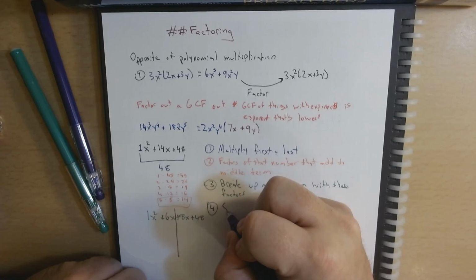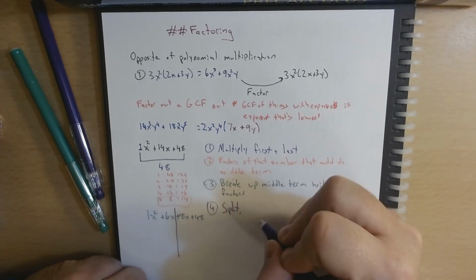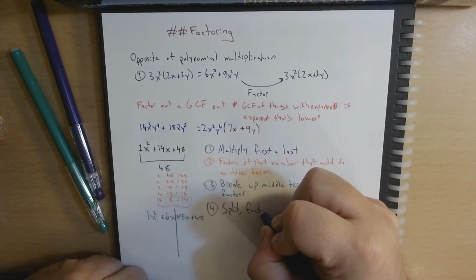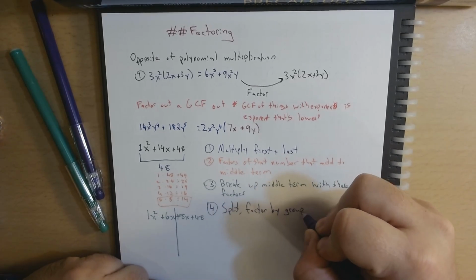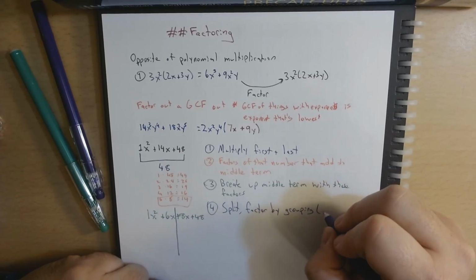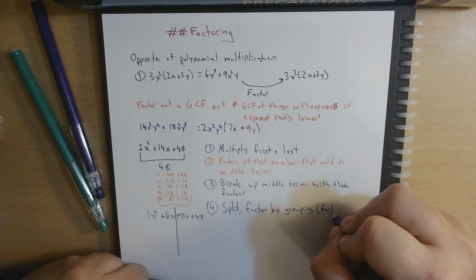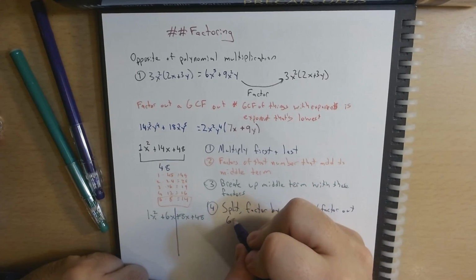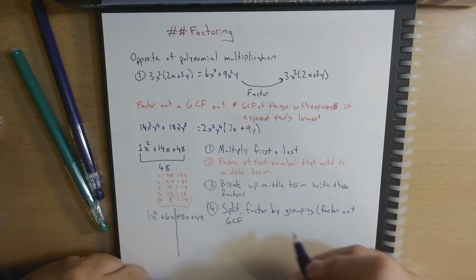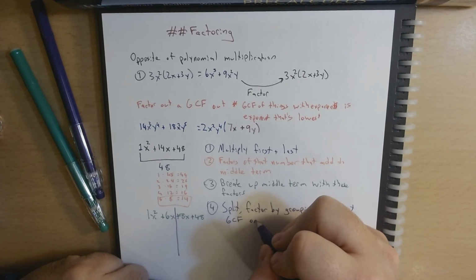Now you're going to split and then factor by grouping, which is literally factoring out a GCF on both sides.